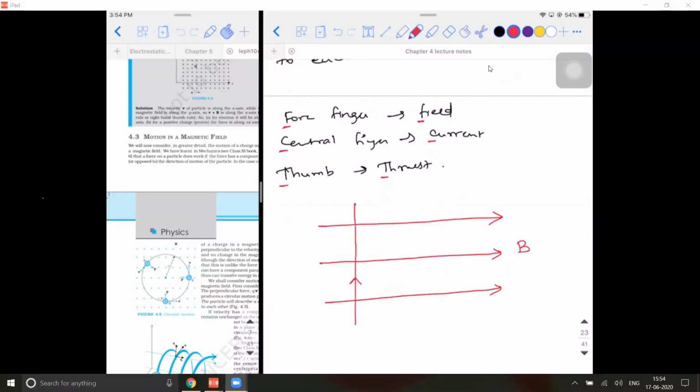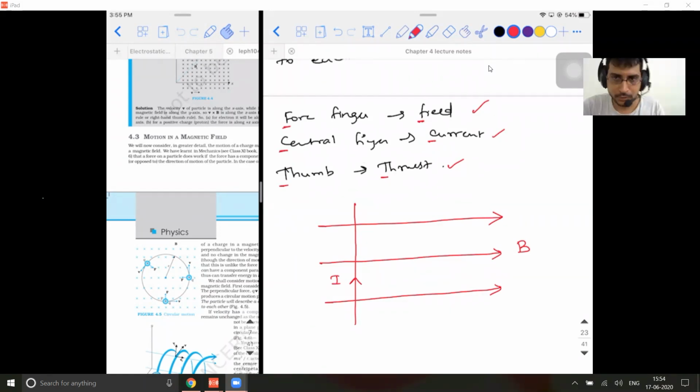See, if the current is like this, there are three parameters involved. Out of the three parameters, when you're using this particular rule, the direction of two will be known and the direction of one will be unknown. So observe, I'm switching on my video. Observe what you're supposed to do.